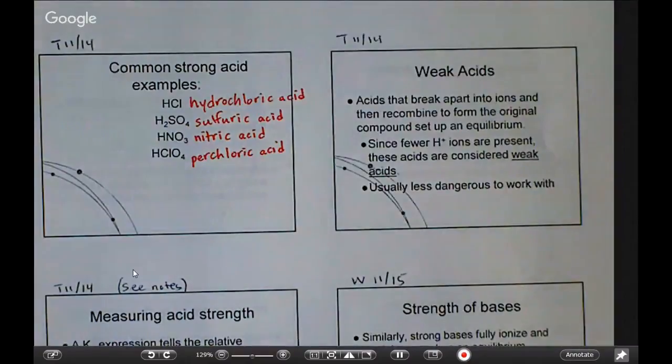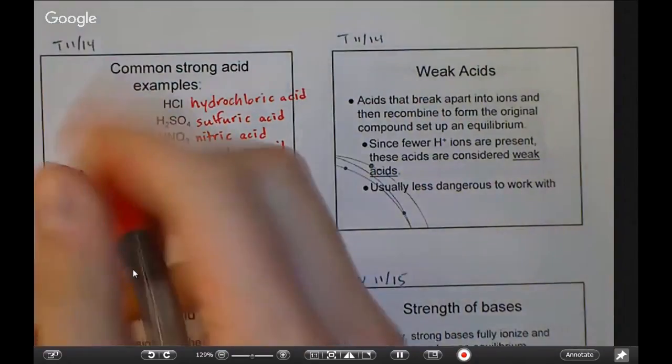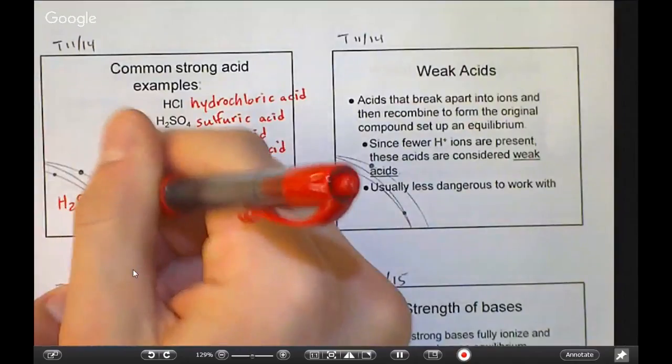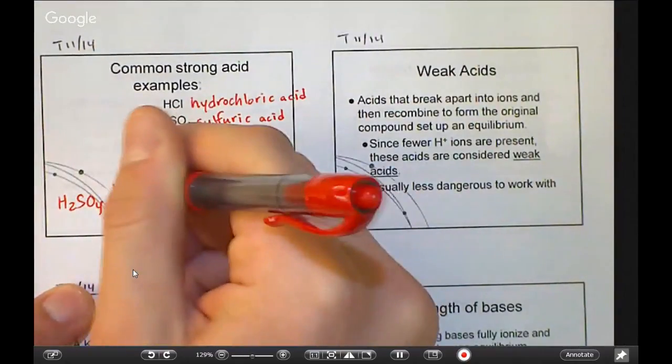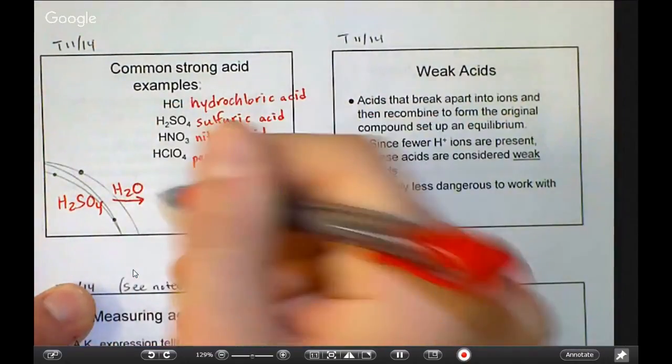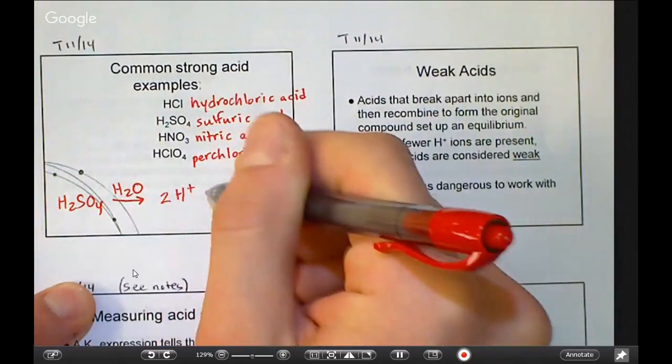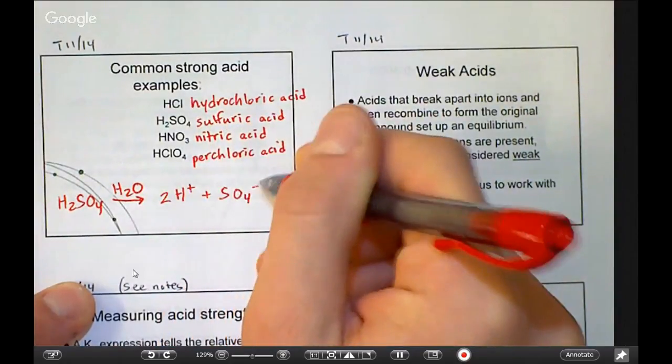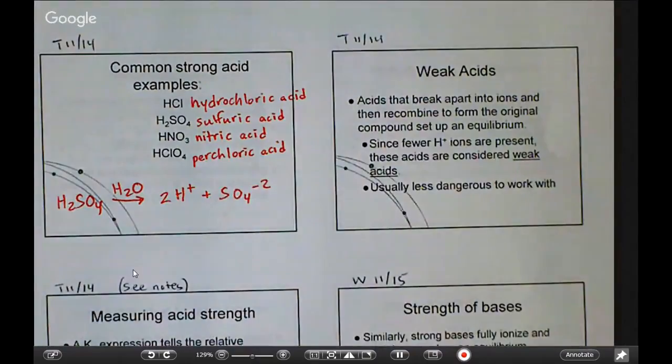Okay. So when we say that these are strong acids, again, we're saying that they completely, fully, 100% ionize in the presence of water. For example, with sulfuric acid, if we put that in the presence of water, we're going to get 2 protons and a sulfate ion. Okay, so we have complete dissociation, complete ionization.